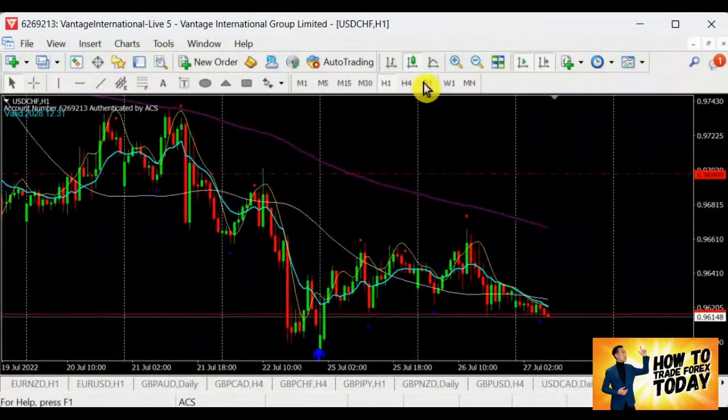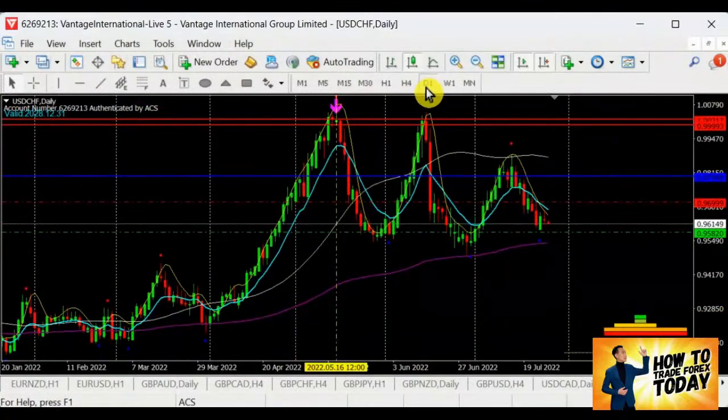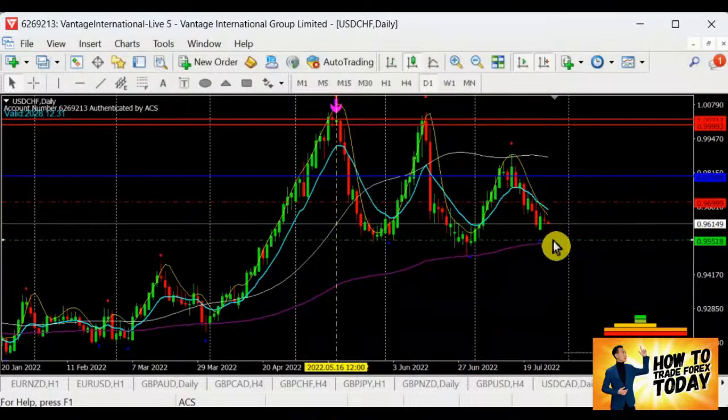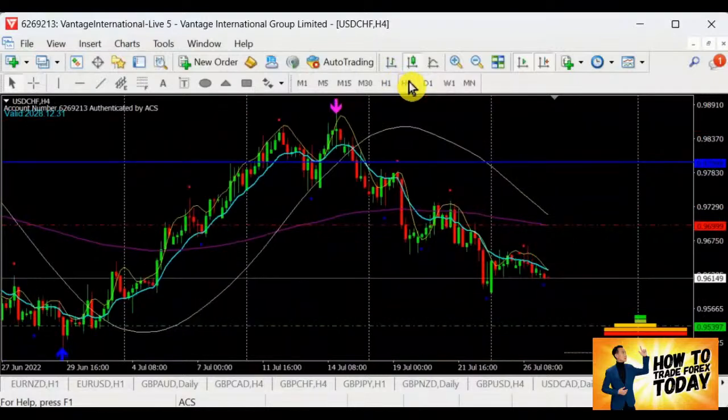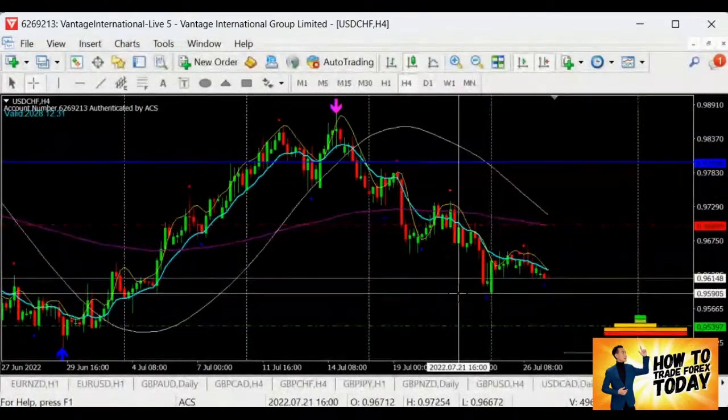Dollar franc, let's take a look at dollar franc. As of this area here, we will be able to see that this level of support is actually right here. So we still have about 77.